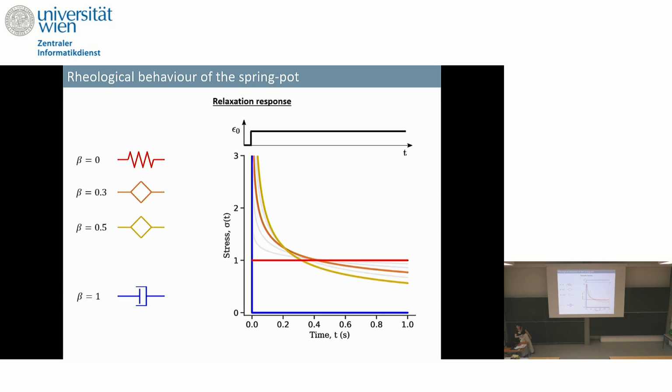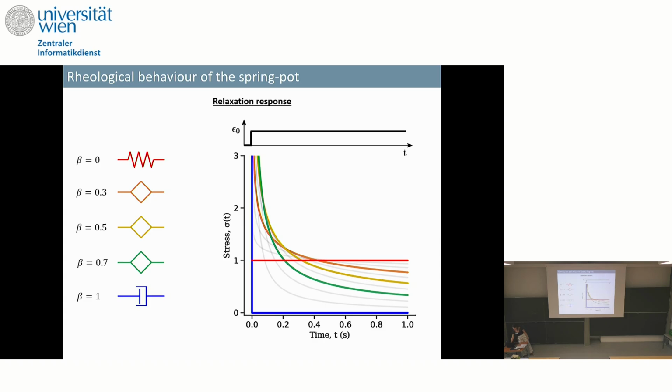Let's take 0.5. It dissipates even more and faster. Let's take 0.7, 0.9. So basically what the springpot does is interpolate the behavior between that of a spring and that of a dashpot. But look, it will always go back to 0. That's another important aspect to keep in mind.